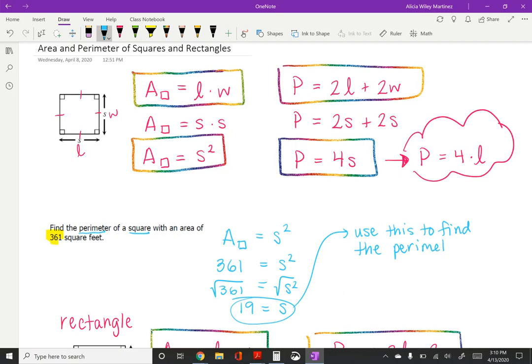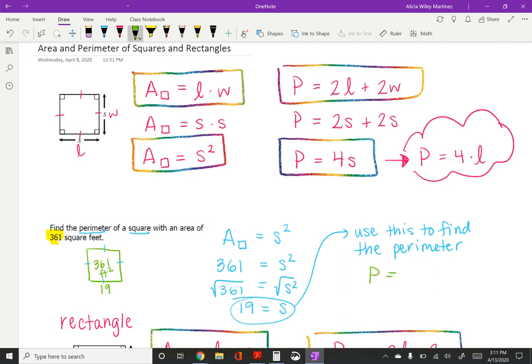So now we know we have this square, right? The area was 361 feet squared. We didn't know the side length before, but now we know it. We know the side length is 19. In a square, all the sides are exactly the same length. So that means we have 4 sides with the length of 19.